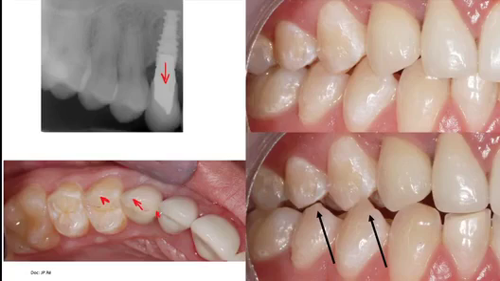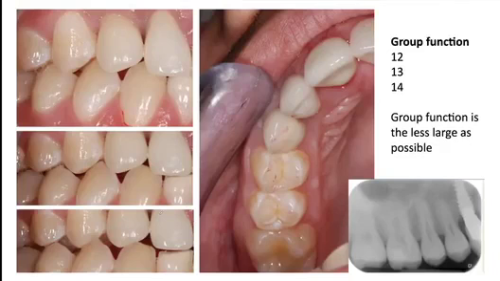So when you have a maxillary canine single implant, you can use a small group function to have the double positive effect. Mechanical support by the implant, proprioception by the natural teeth. And here you can see, look at the contact, guidance, and guidance in the group.